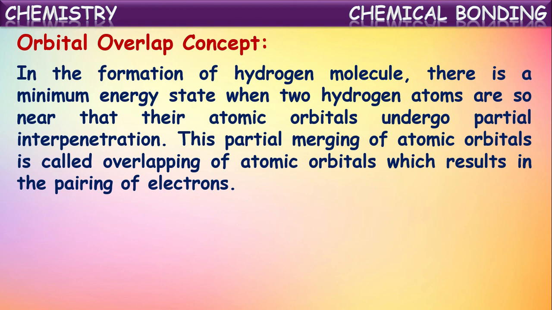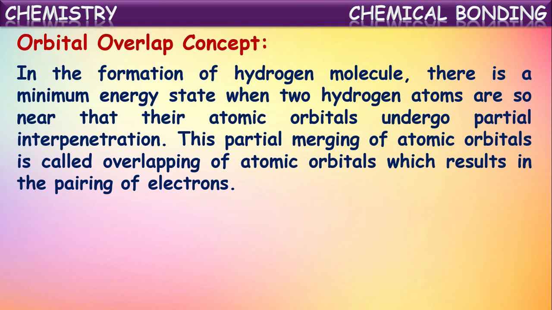At a certain distance, the attractive forces will be balanced with repulsive forces. At that state, both the atoms are said to be bonded together. At this stage, atomic orbitals undergo the partial interpenetration. This partial merging of atomic orbitals is called overlapping of atomic orbitals, which results in the pairing of electrons.